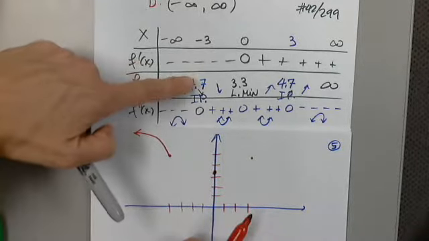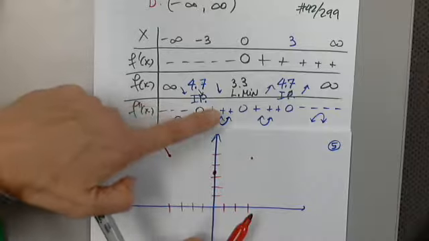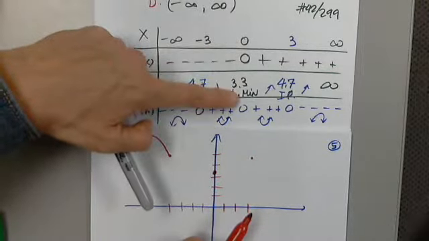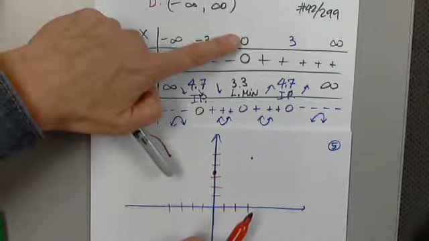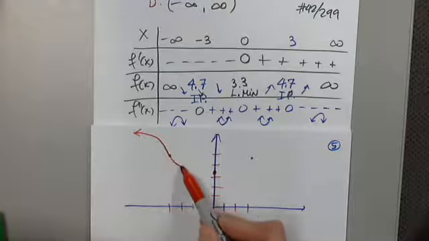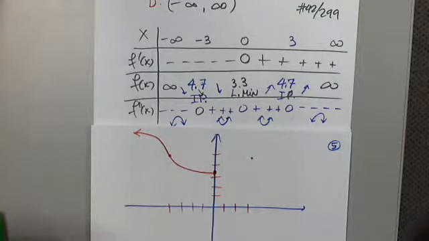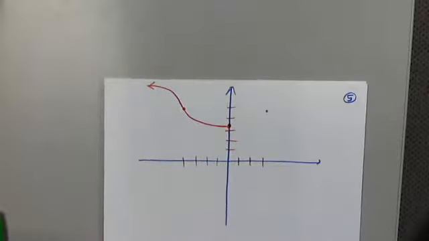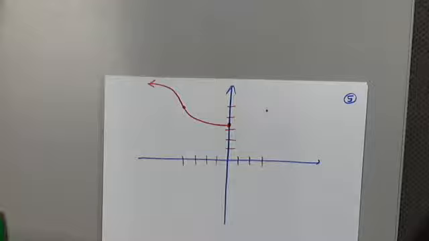At this point, it changes concavity, opening upward, and continues to decrease to 0, 3.3. The rest I'm not interested in. I know the function is even. I just have to copy. I couldn't care less about the rest of the table.